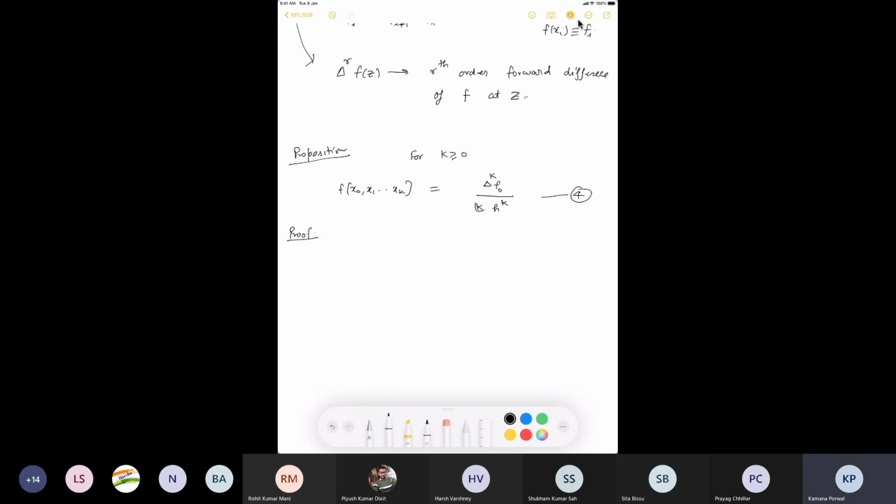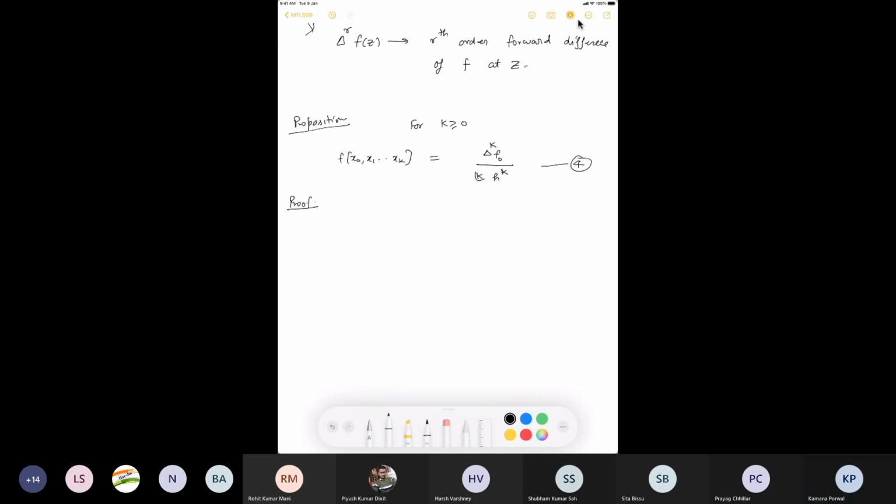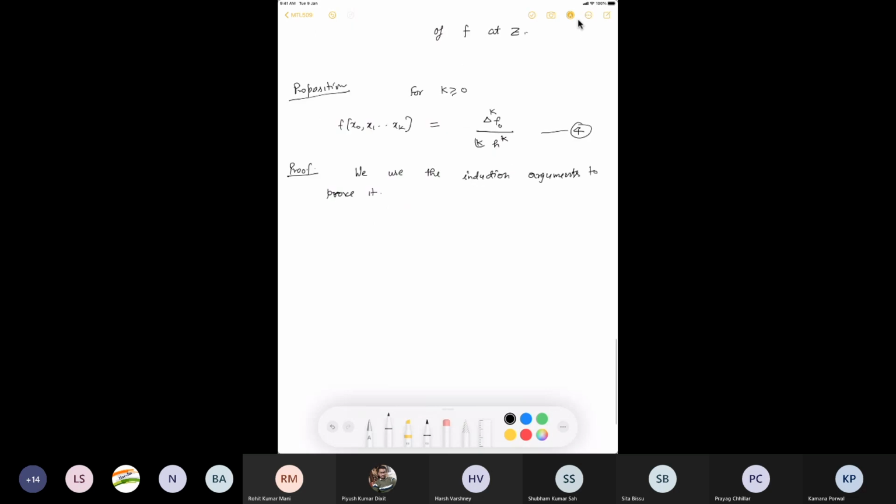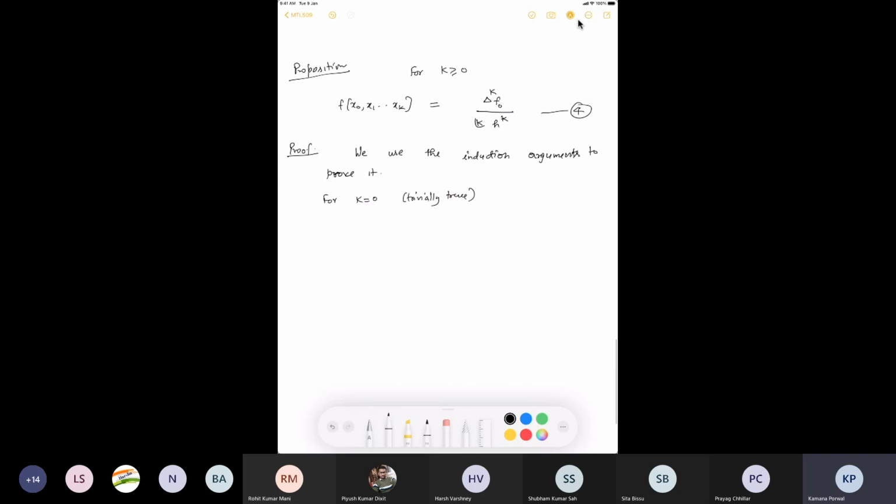Again, we are going to use mathematical induction here. Let's take the base case k equal to 0. Both sides are f(x_0), so it is trivially true. Now let's take the base case k equal to 1.